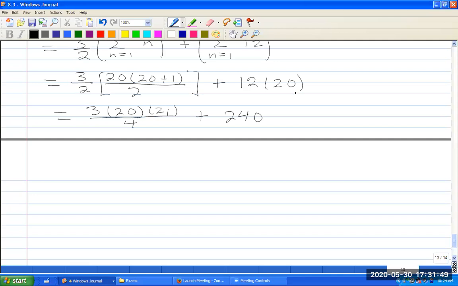And so this will just be 15 times 21, dividing 20 by 4 is 5, times 21 plus 240. 15 times 21 is 315, plus 240 is 555.